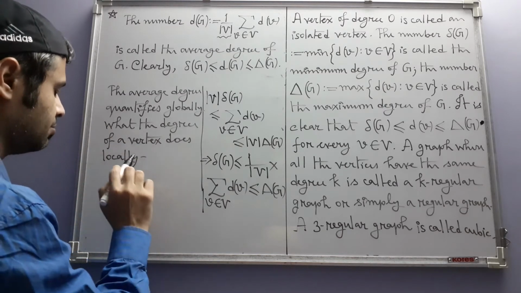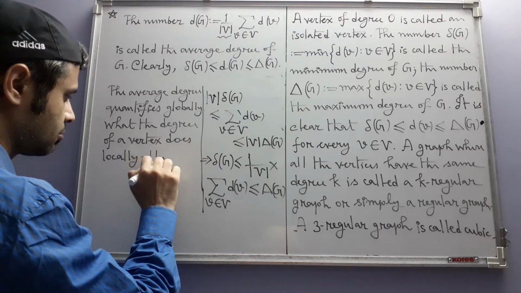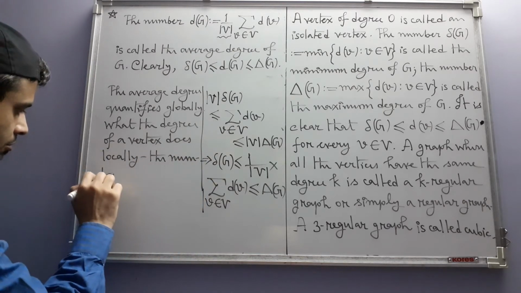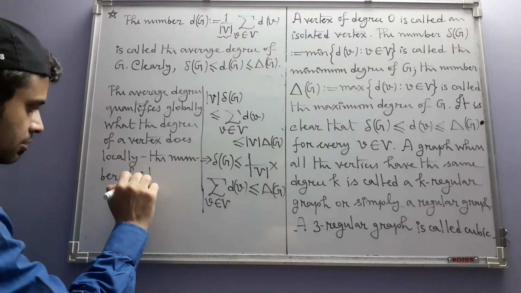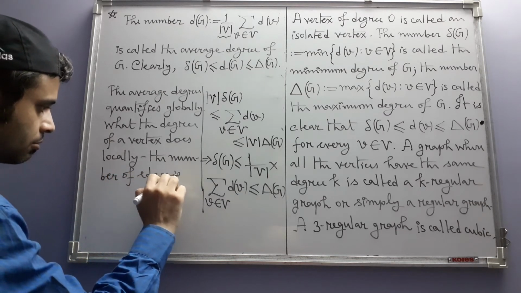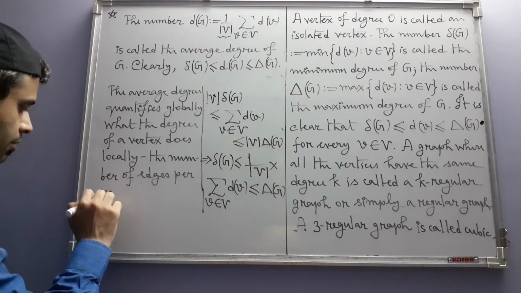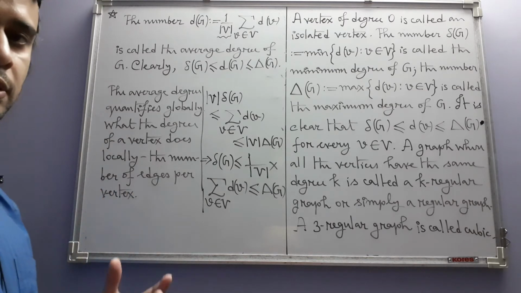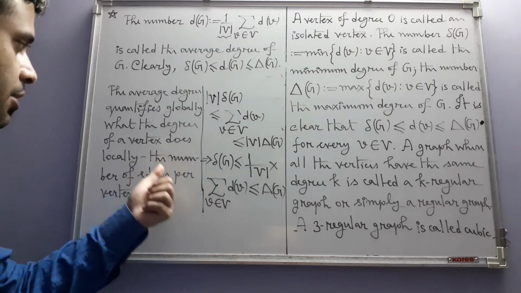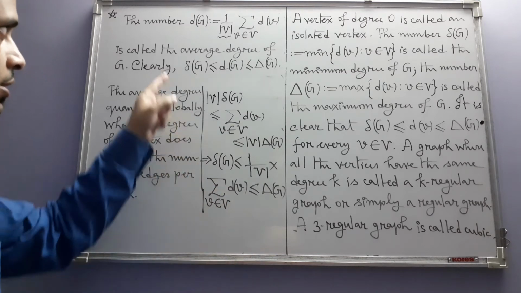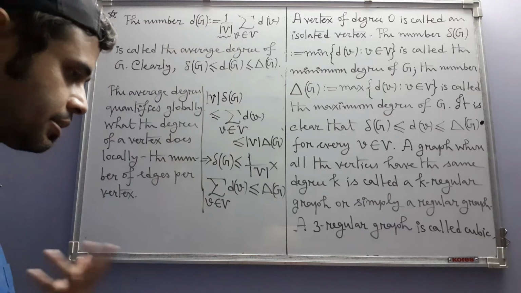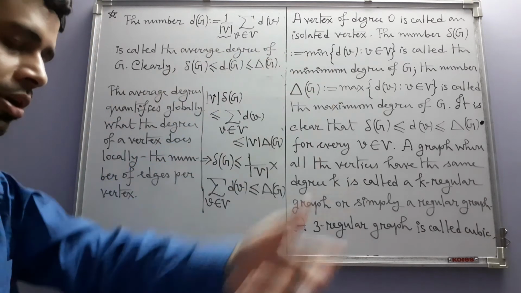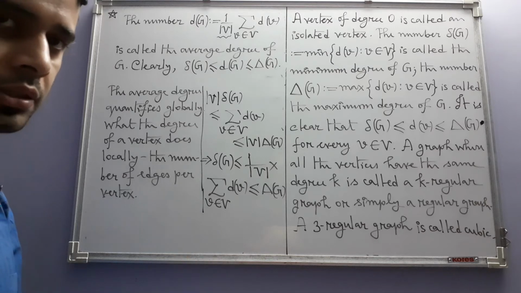That is, both of them calculate the number of edges per vertex. At a given vertex, how many edges are there? That's what the degree of the vertex calculates, and this average calculates that same thing globally. How many edges are there per vertex, taking all the vertices into consideration at once.